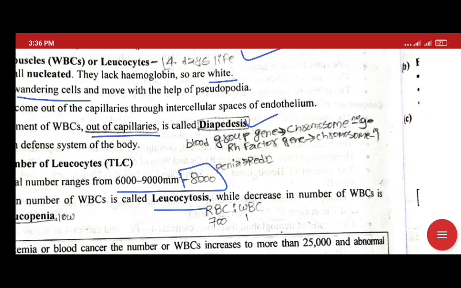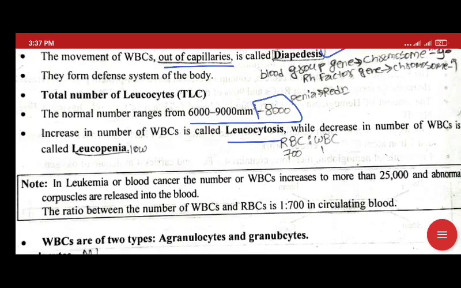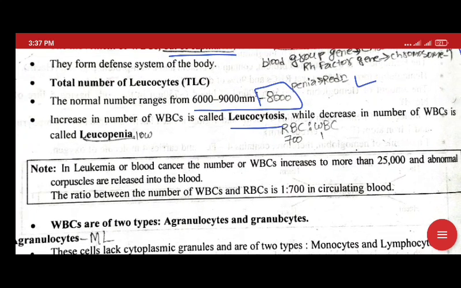In blood group, the blood group gene is on chromosome number 9, and the Rh factor gene is on chromosome number 1. And penia means reduction. Here it is given in short, you should also see this. Normally the ratio of RBC to WBC is 1:700.